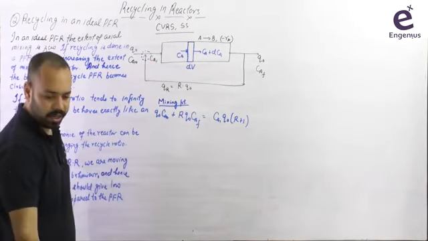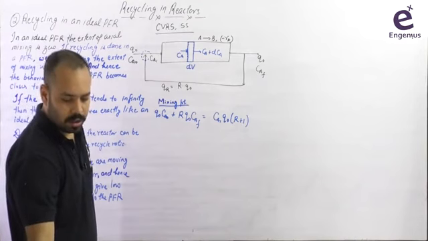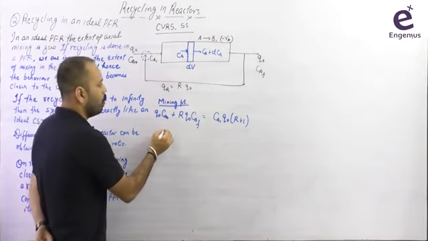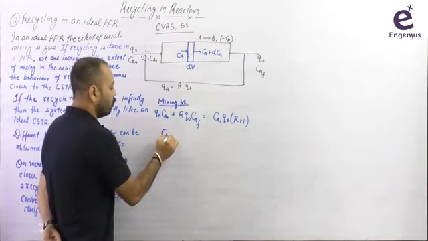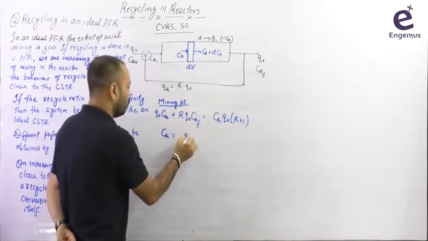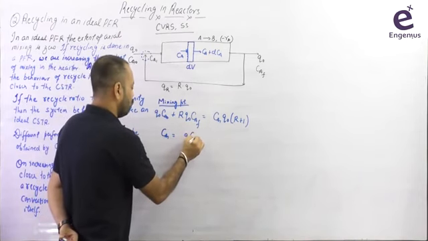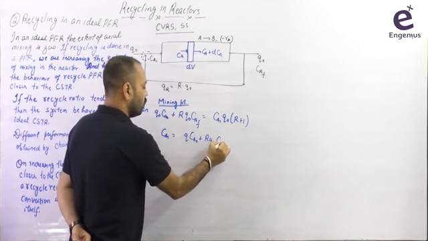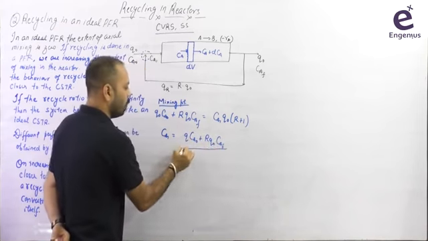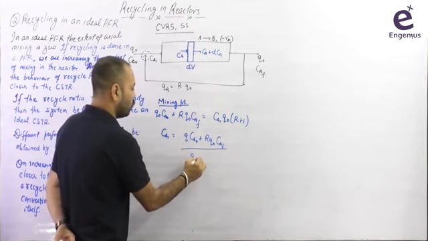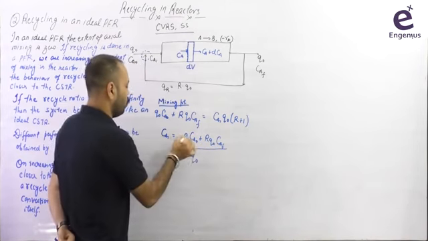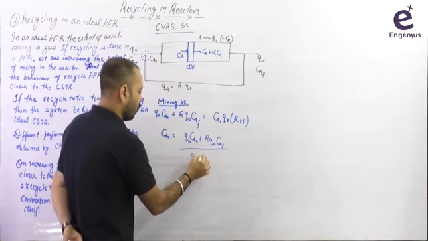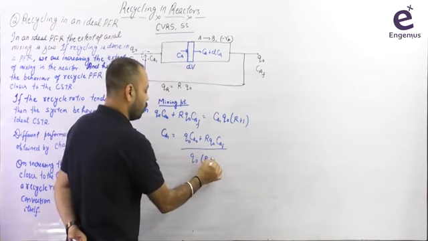From here you can also get the value of Ca1, because Ca1 is something which we will be replacing later. So that is Q naught Ca naught plus R Q naught CAF divided by Q naught into R plus 1.